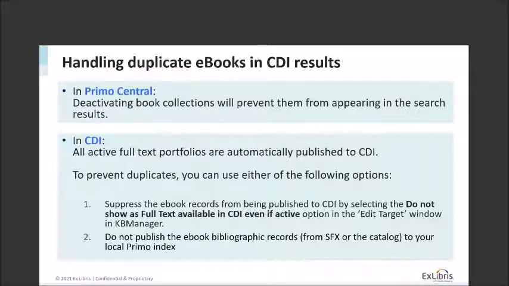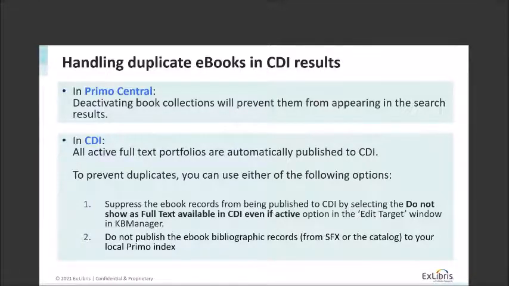We changed the single activation, and the general principle is that all full text portfolios are automatically published to CDI, and they become searchable, and they'll be included in the filtered search. Now, if this is not what you want because you have these duplicates, you can do one of the following two things.